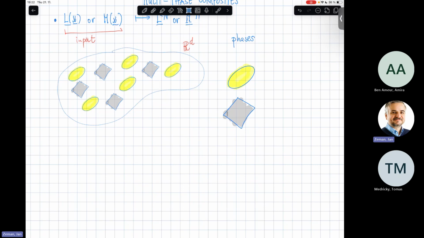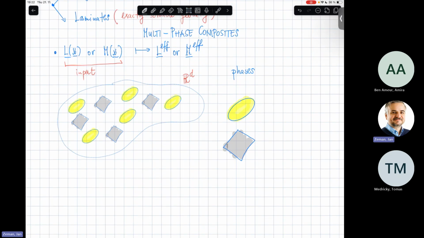And what I say is that I will associate material properties not with every point, but with a given phase, right?